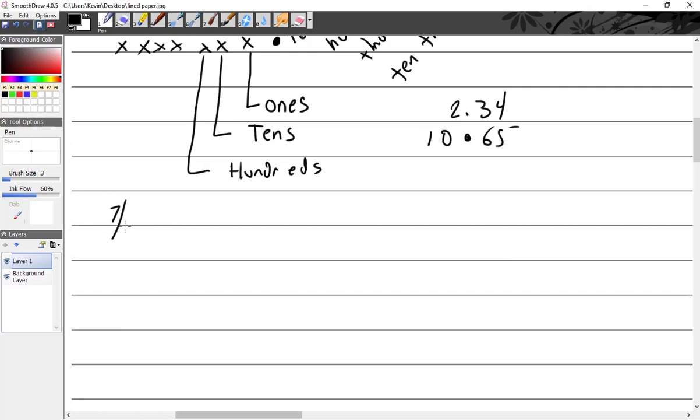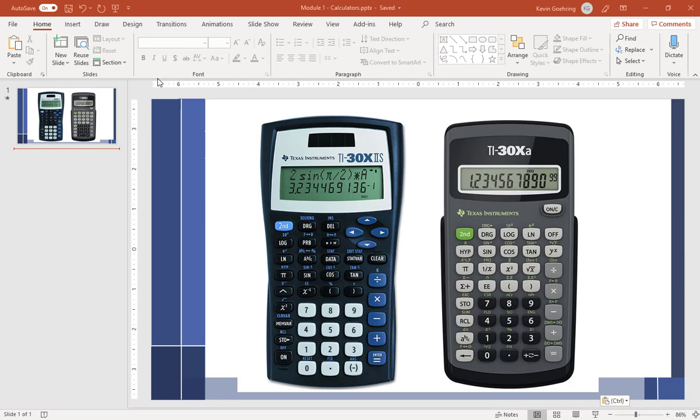So if I want to do 7/8 and I want to make that into a decimal, how do I do that? Sorry, I don't have actually working ones up here, but just type in whatever fraction you have.